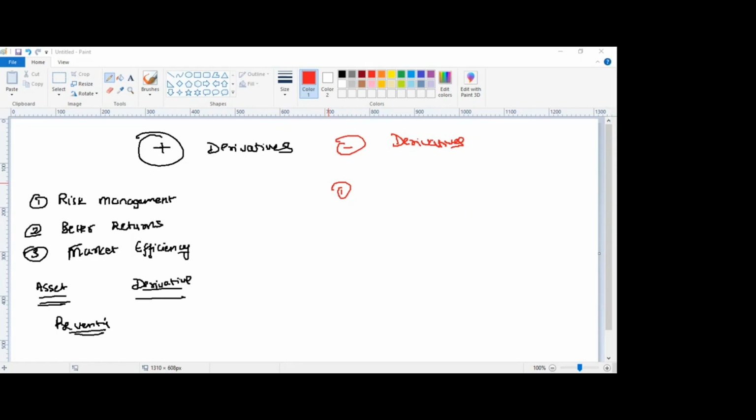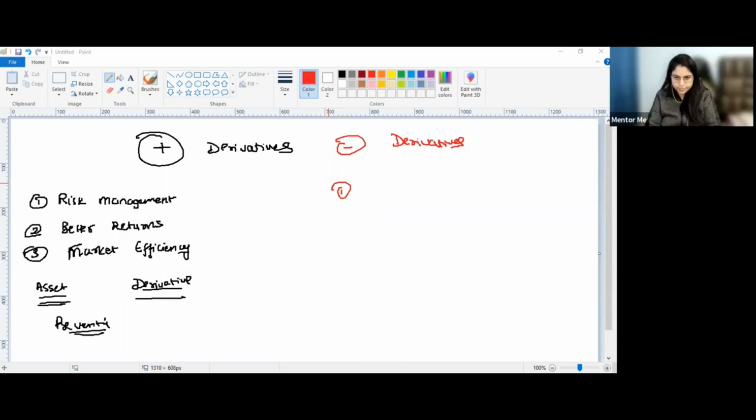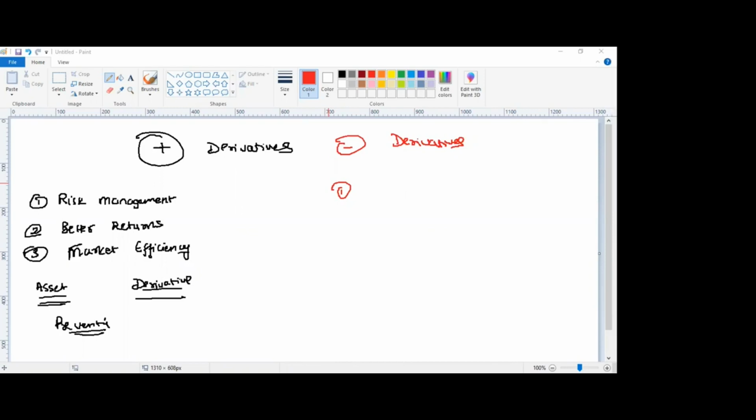I was telling one negative can be that the derivative market can be less liquid in terms of the bid ask. So the ask might be significantly higher than the bid in the market, which makes it less liquid. That is one drawback.